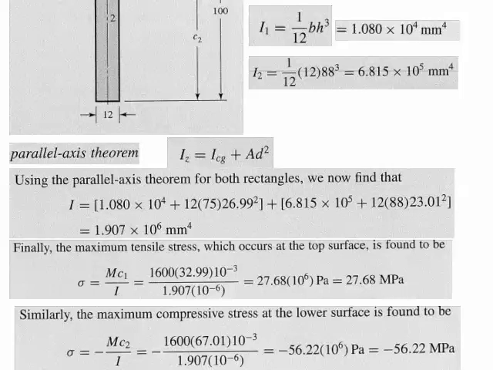The distance from the centroid to the bottom fiber, which is the other stress state, is 100 minus the 33, so pretty close to 67. So M is 1600, c is 67 times 10 to the minus 3 meters, I is 1.907 times 10 to the minus 6, and in this case we get a compressive stress of 56.22 megapascals.